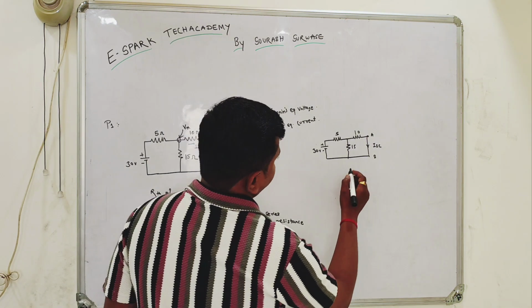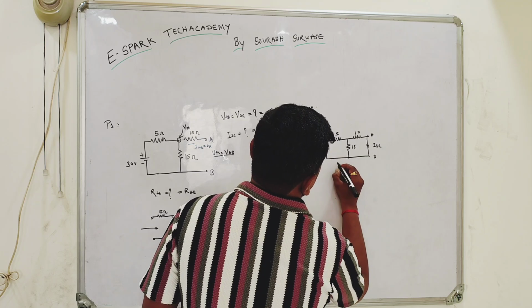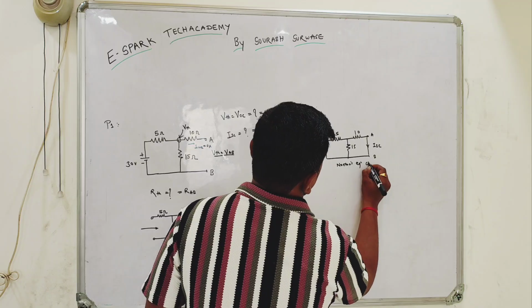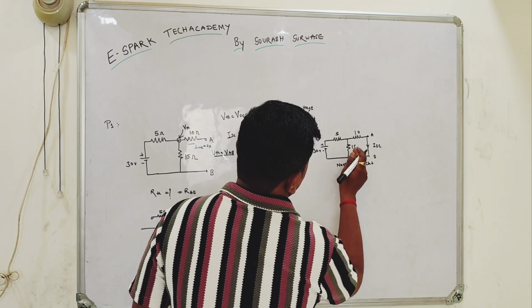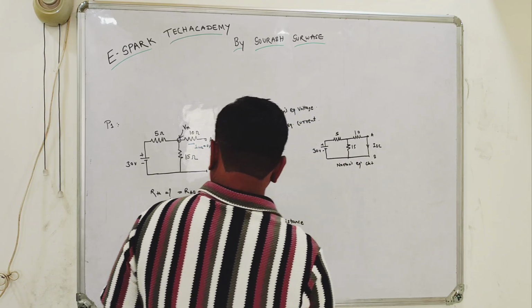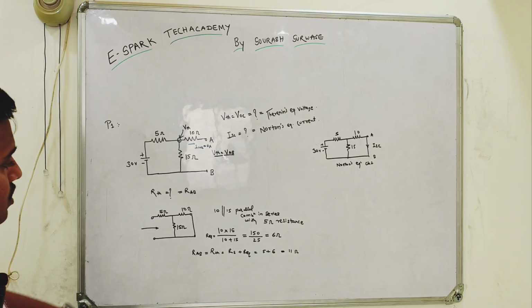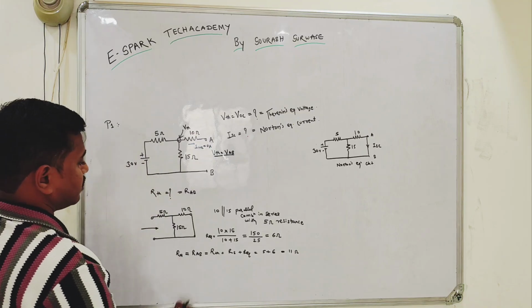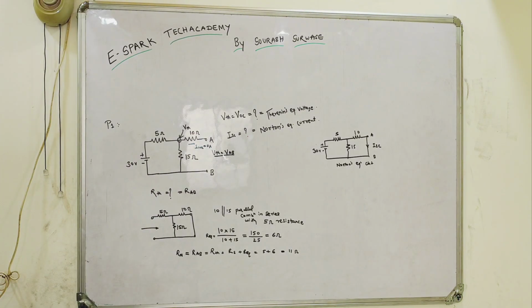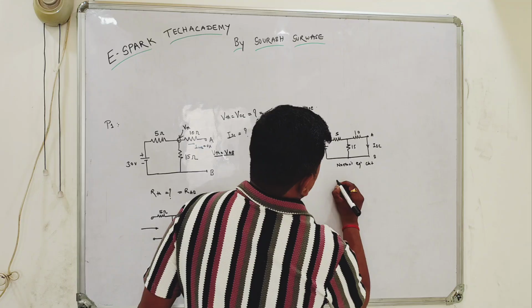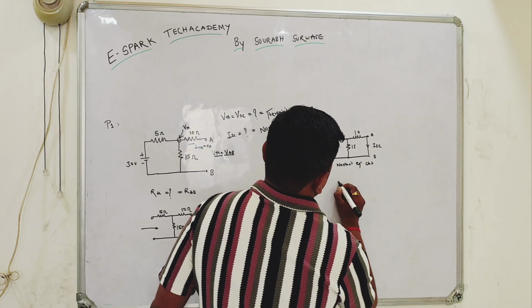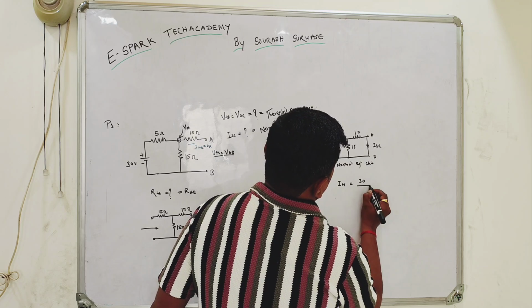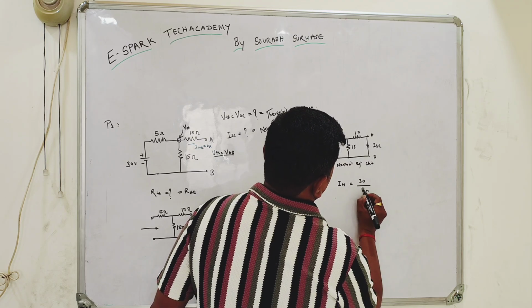The current in the Norton's equivalent circuit will be, with RN, the Norton's equivalent resistance, IN equal to 30 volt divided by RN.